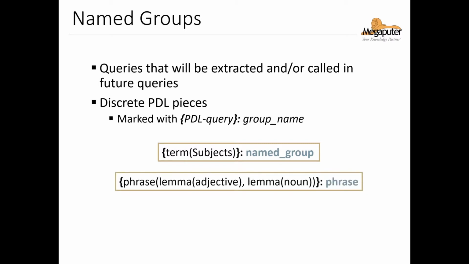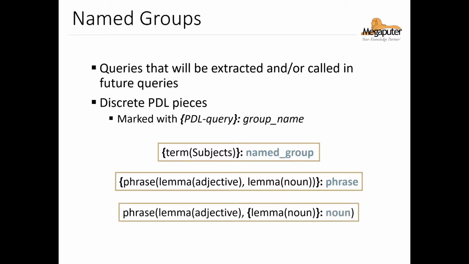Or we could just spell out some longer PDL here if we're looking for an adjective followed by a noun. We'll put curly brackets around all of that and call that our phrase. Or if we only care about the noun, we don't really care about the entire thing.